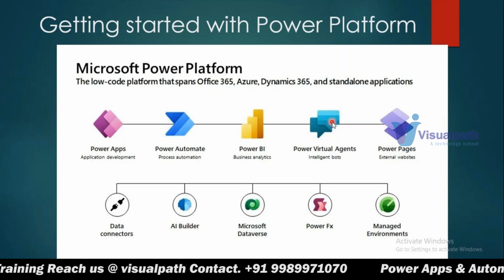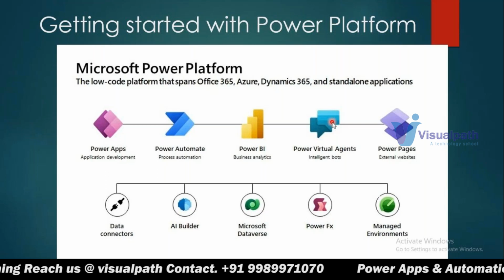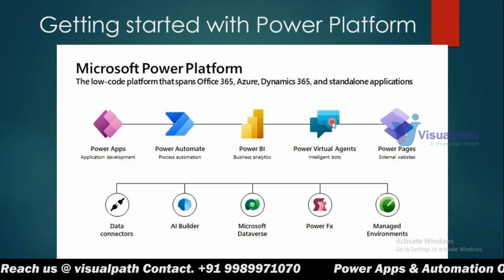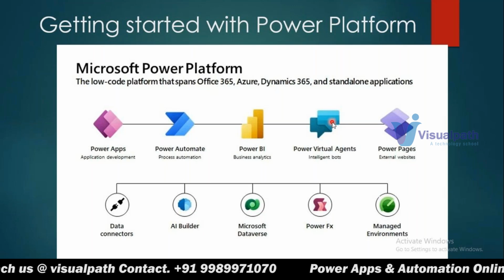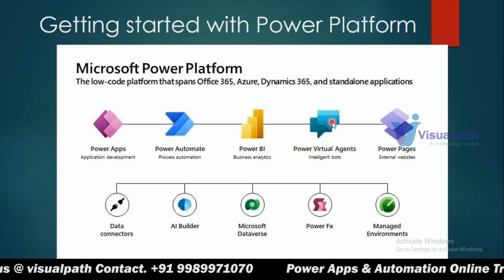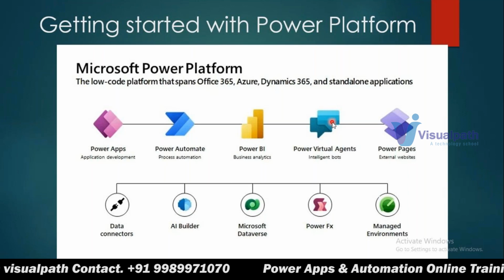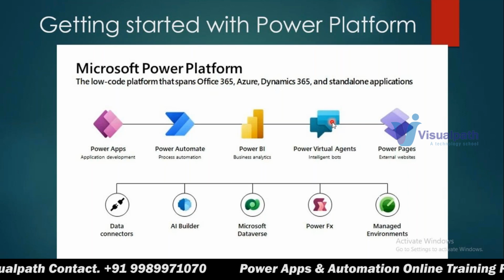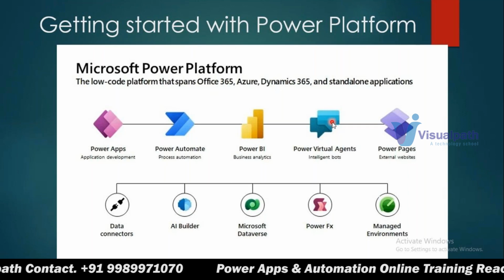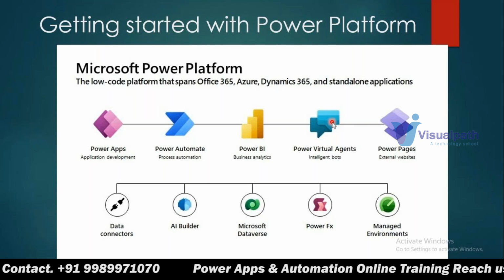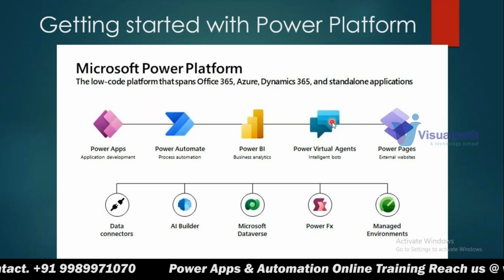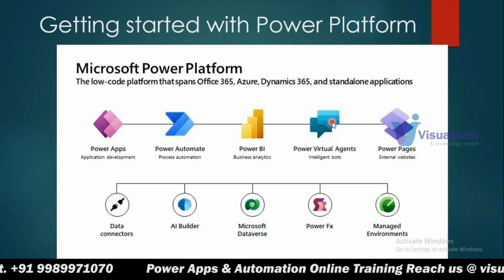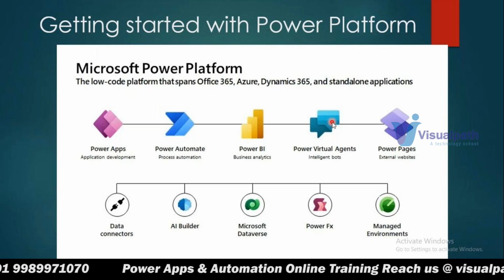Then you will get some predefined messages. Press 1 to know about your account. Press 2 to know how many days are left in your recharge. Press 3, connect with live agent. Press 4, go back to previous menu. Something like that. That is Power Virtual Agent, chatbot.